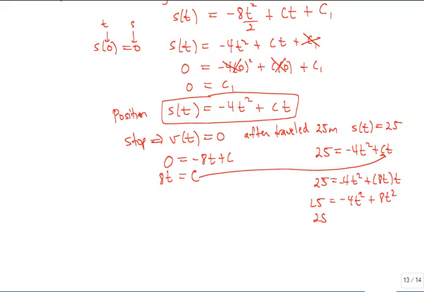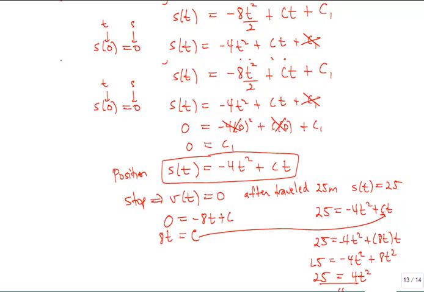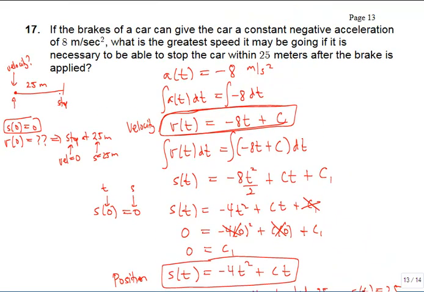So combining like terms, that's a positive 4t squared. If I divide both sides by 4, I get 25 fourths. And if I take a square root of both sides, I'm only going to use the positive square root because we're talking about time. This would be 5 halves. So the time it's going to take this car to stop is 2.5 seconds, 5 halves of a second.